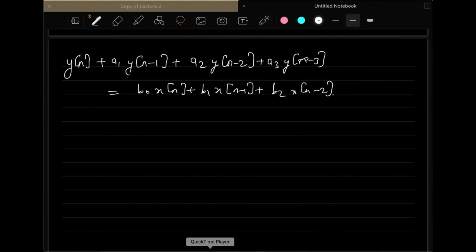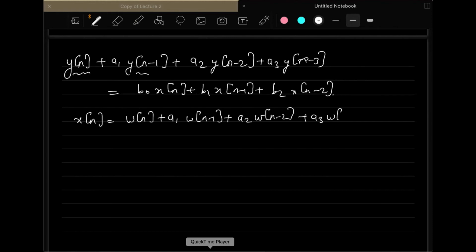If this is a difference equation, the corresponding block diagram that you can obtain is similar to what we had done for the continuous time system, in which you replaced initially the y's by w's. If you do that, the left hand side will become x[n] equal to w[n] plus a1 w[n minus 1] plus a2 w[n minus 2] plus a3 w[n minus 3].